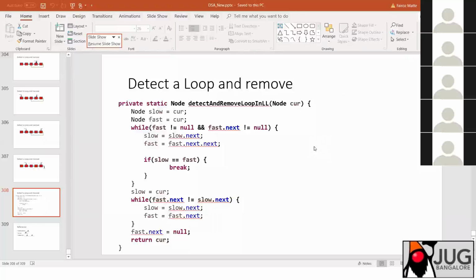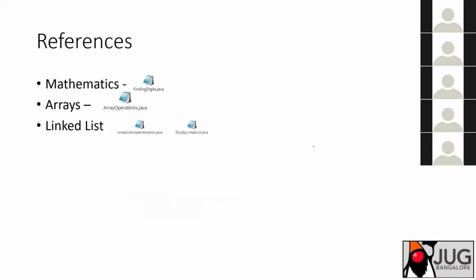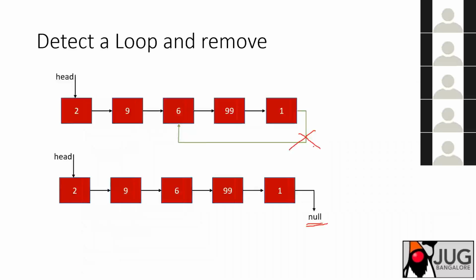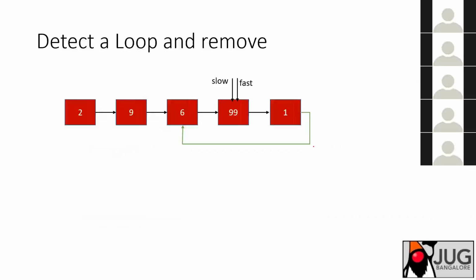Is there a chance that it won't work? After we have detected this loop, we are only moving both the pointers by one. If the pointers keep sliding and never meet, is there a chance? No, because previously we were moving twice, so they have to meet at one place.